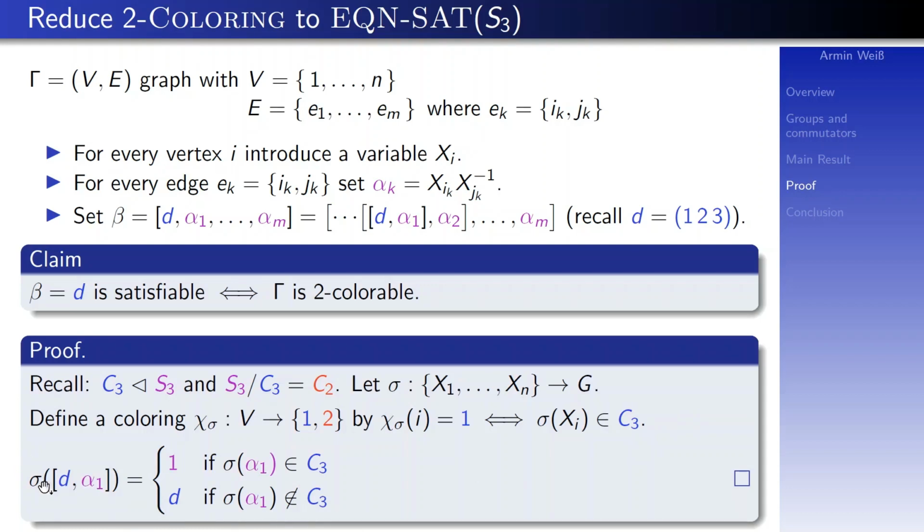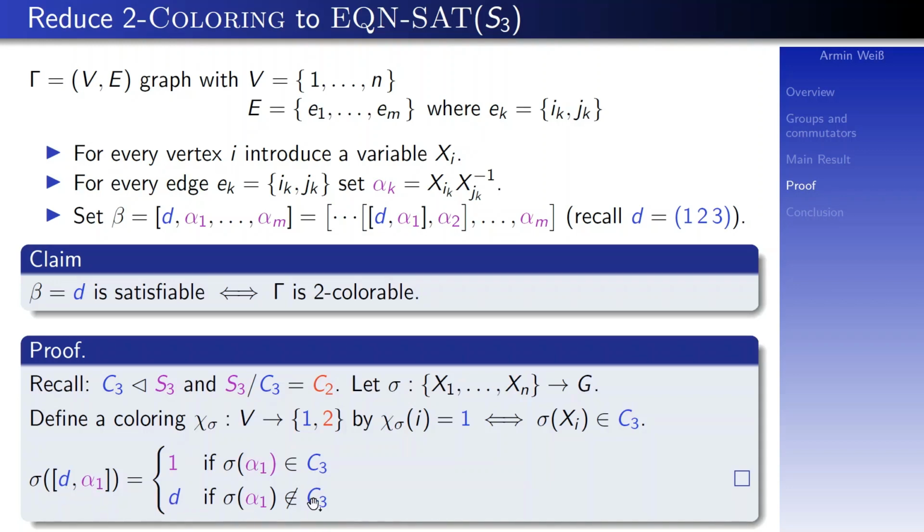And now let's look at this commutator. Sigma of this commutator is 1 if sigma of alpha_1 is in C3, because if sigma of alpha_1 is in C3, then it's a commutator of a rotation with another rotation, and it's inside an abelian group, so this is 1. And we already calculated before that the commutator of a rotation and a reflection is actually just the rotation.